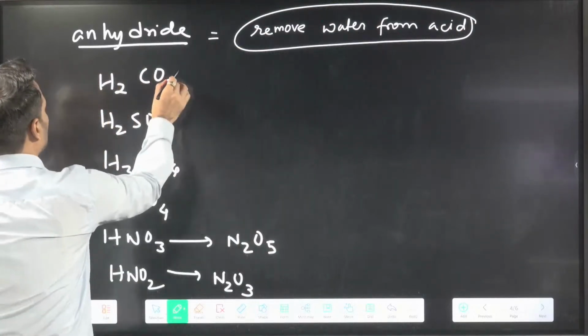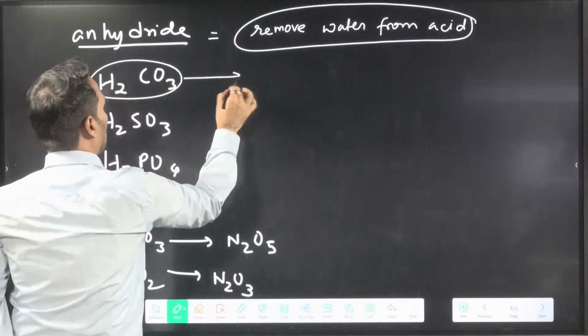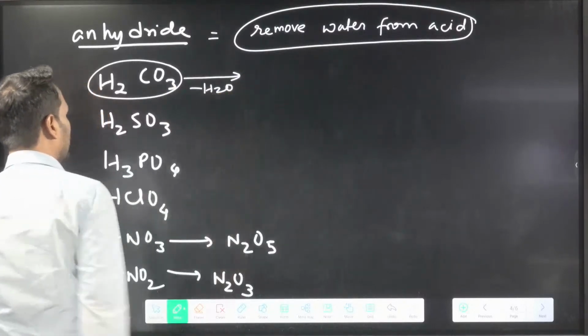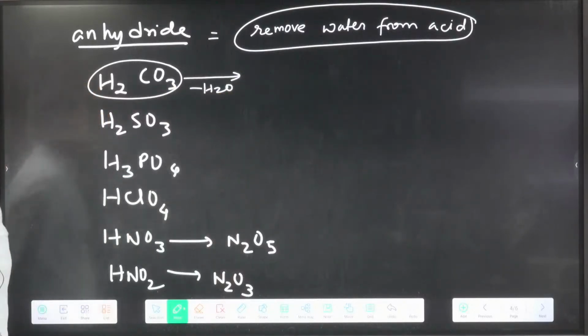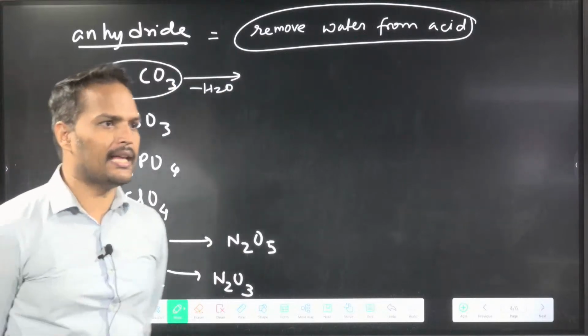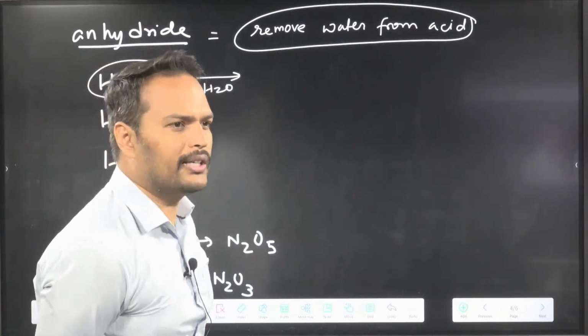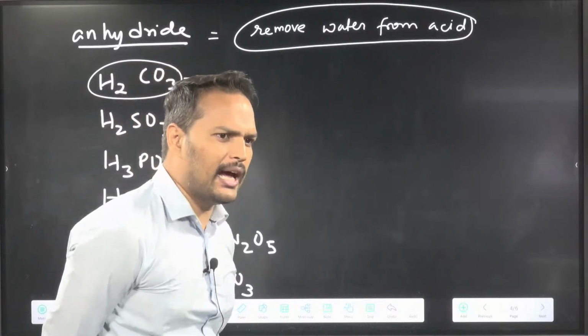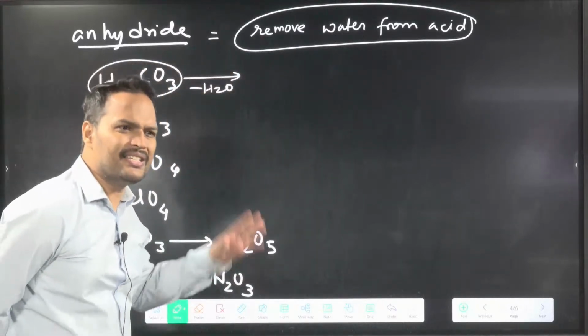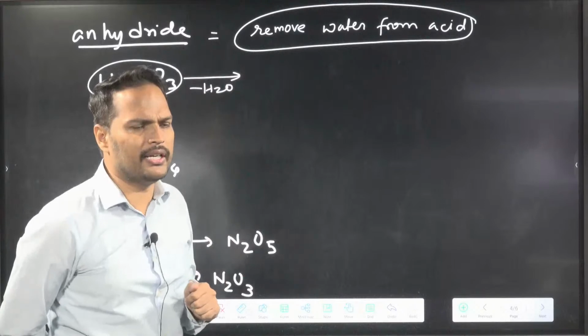Like see, H2CO3 is an acid. What is its anhydride? Can you tell? So this is just the reverse of whatever we have studied in the beginning.